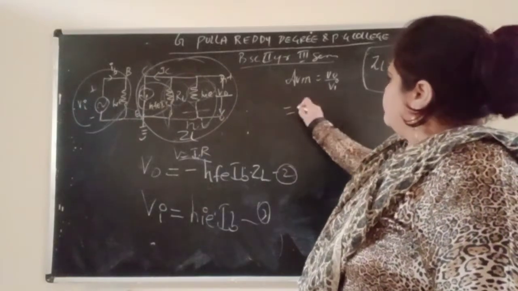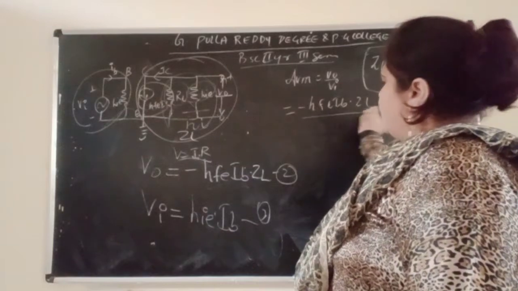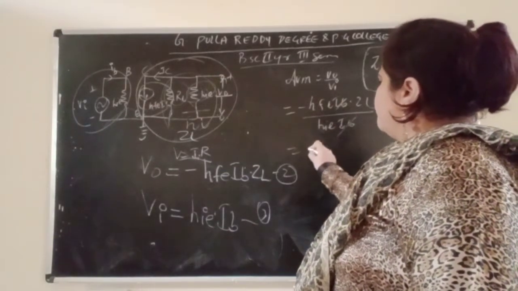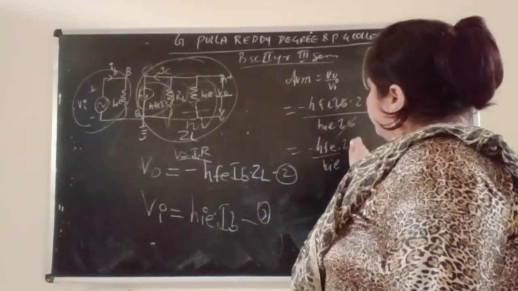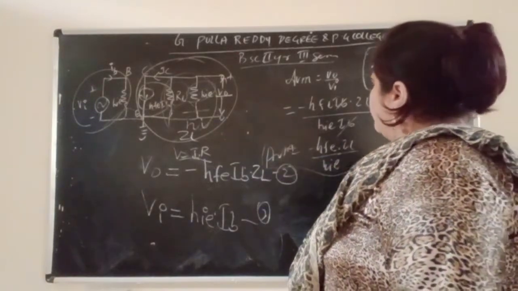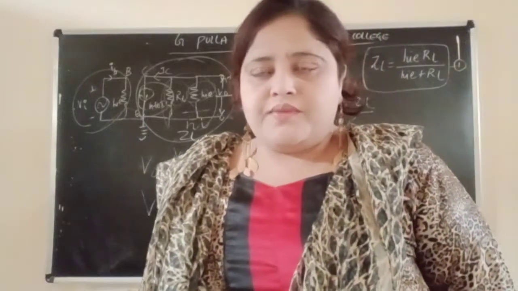What is 2? Minus HFE IB into ZL by HIE IB. IB cancels, giving minus HFE into ZL by HIE. This is your formula for the mid frequency range.